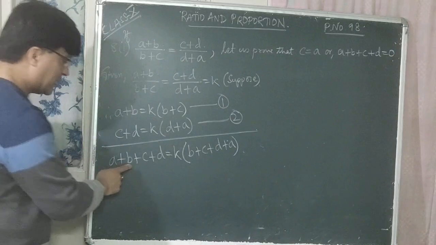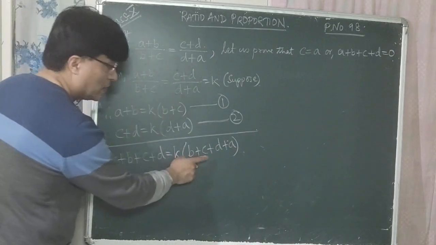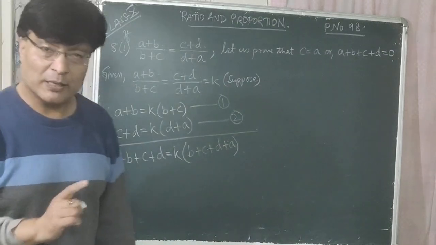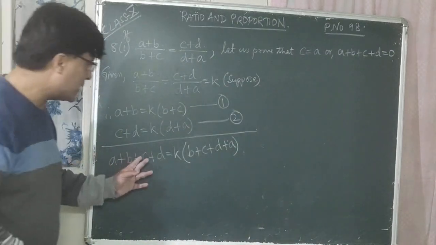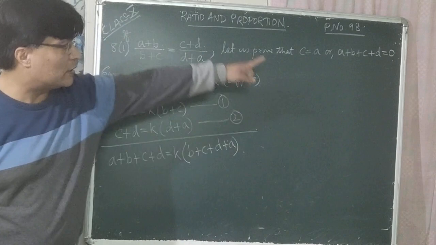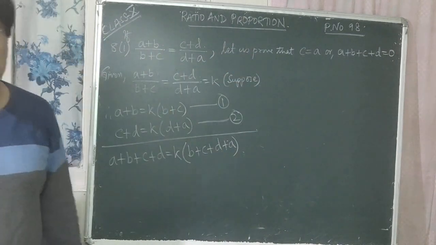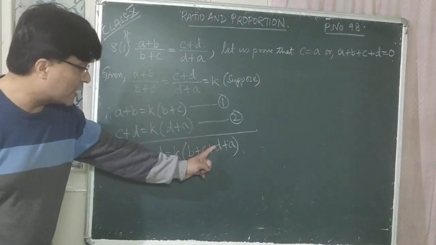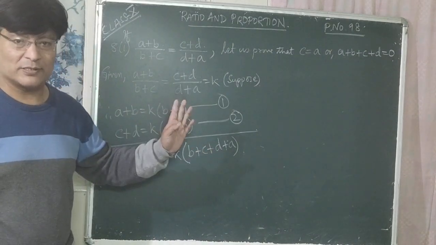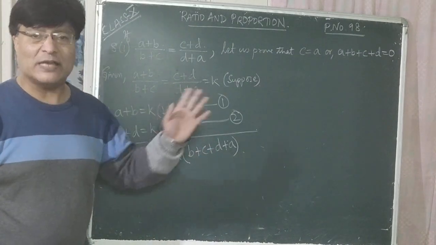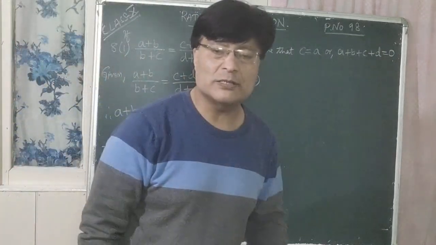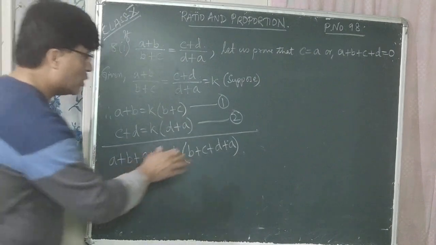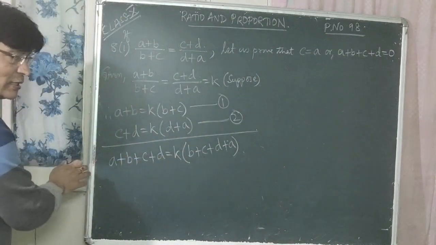So we are getting a common term here, but in this case you cannot cancel them. Why can't we cancel this a + b + c + d? Because in the question we have to prove that a + b + c + d is equal to 0, so you cannot cancel these two factors. Without cancelling, you have to take the right hand side to the left hand side.